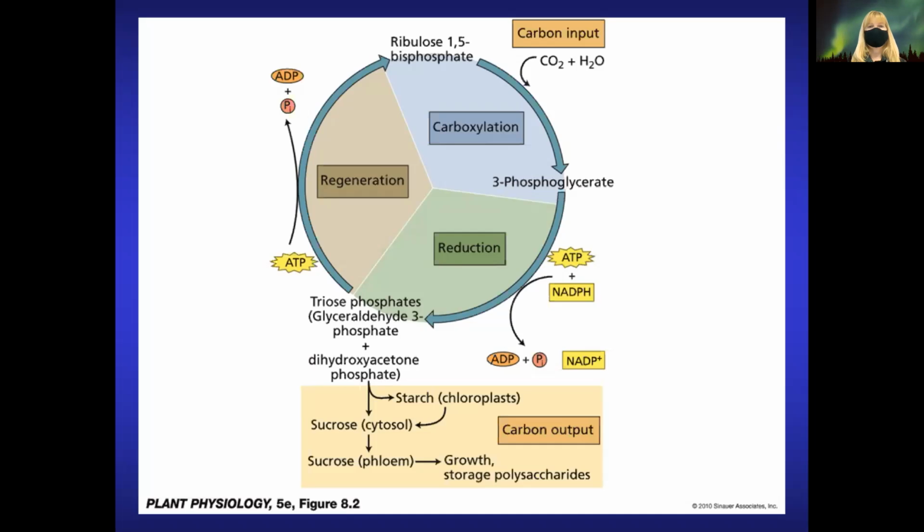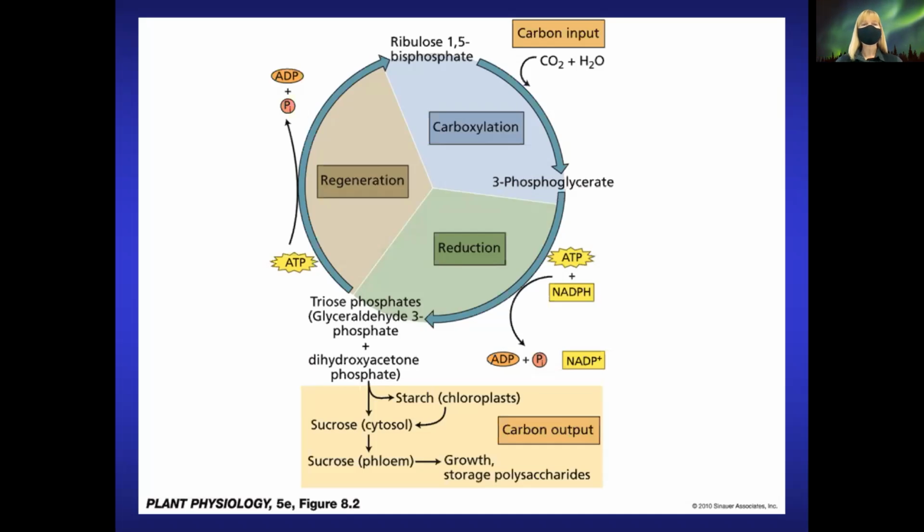Then reduction takes those PGA molecules and phosphorylates them with ATP, reduces them with NADPH, and you get your G3P triose phosphate pool of molecules, some of which are destined to go out of the chloroplast and into the cytoplasm so sucrose can get made, which is great. Some of it might get used for starch synthesis, and then it stays in the chloroplast if that's the case. But most of it will get recycled or regenerated so that you can have the acceptor molecule RuBP made again, so that you can keep taking in CO2 and doing this all over again.